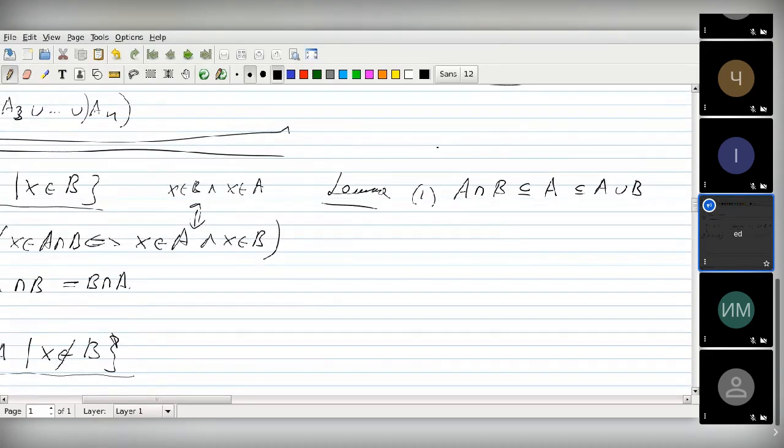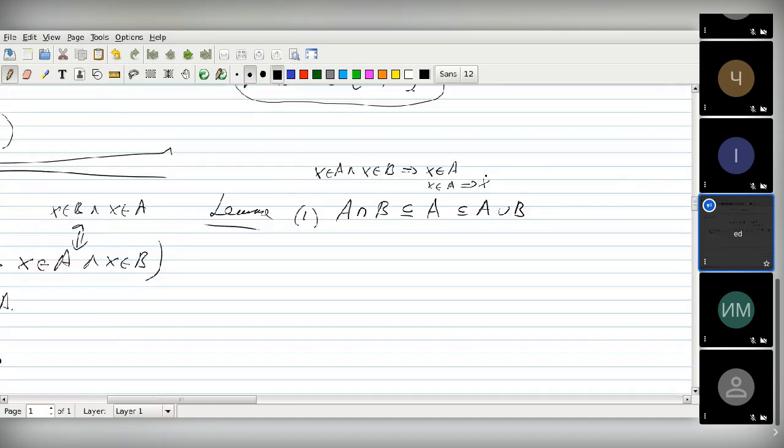Why is it so? Because if X belongs to both sets, it of course belongs to A. And if it belongs to A, then this disjunction is true. It belongs to either A or B. Is it clear? The same for B, of course.